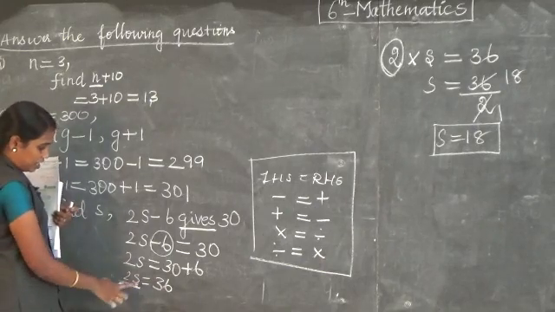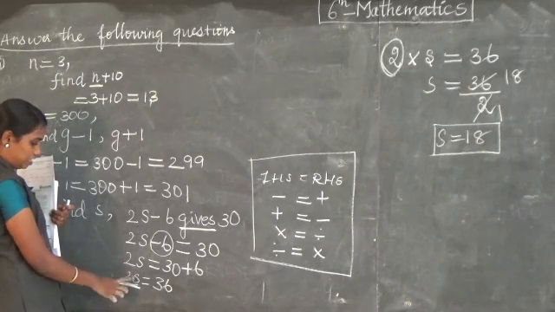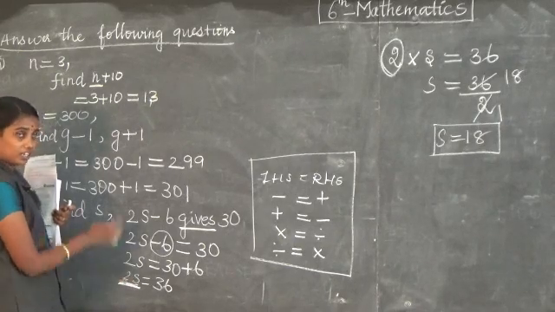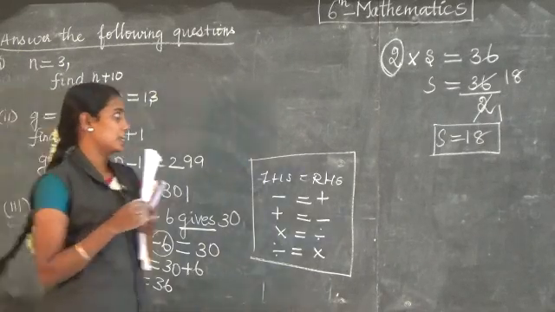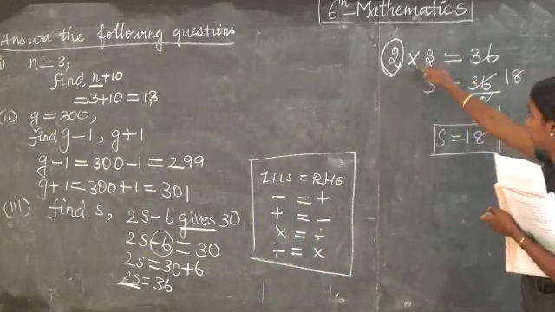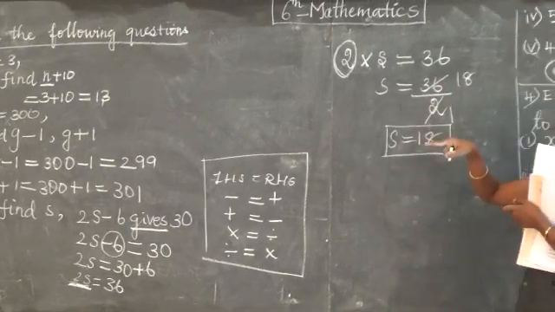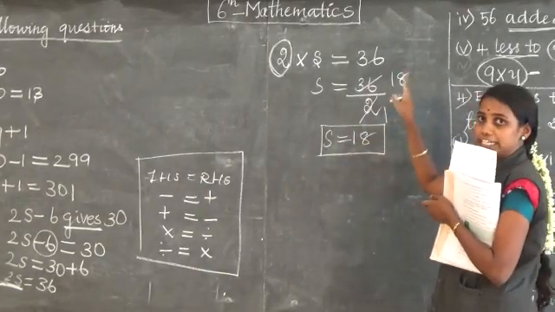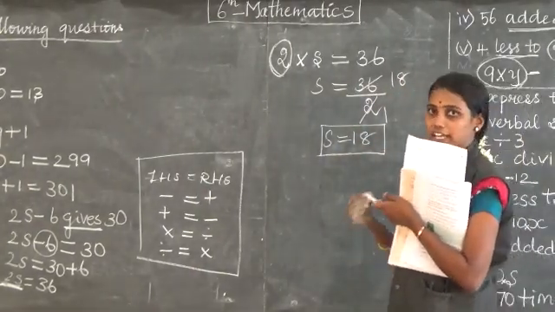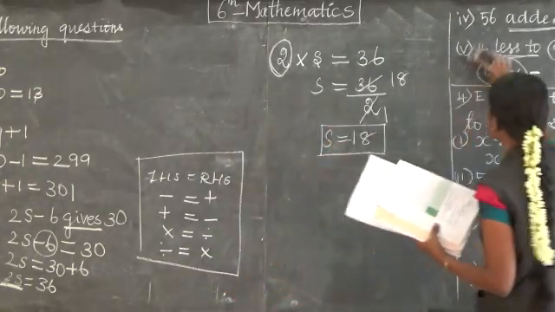Next, along with the s, 2 is there with no sign, so it's considered as multiplication. 2 into s equal to 36. The multiple will come this side as division. 36 divided by 2, in the 2 table, is 18 times. So the s value is 18. Are you all clear? Next problem.